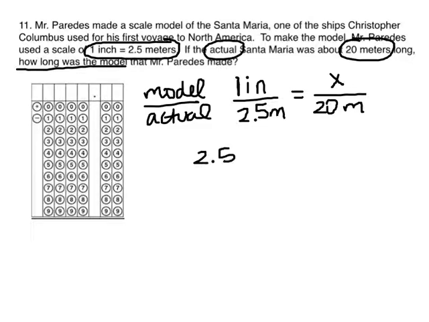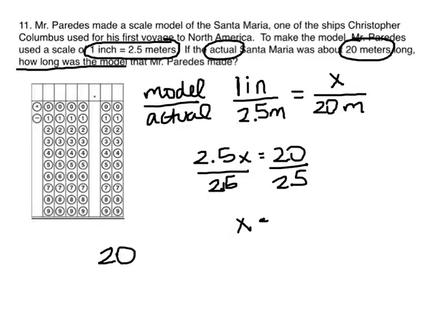So 2.5x equals 20. I'm going to divide both sides by 2.5. So 20 divided by 2.5. Move my decimal, so now it's 200 divided by 25.